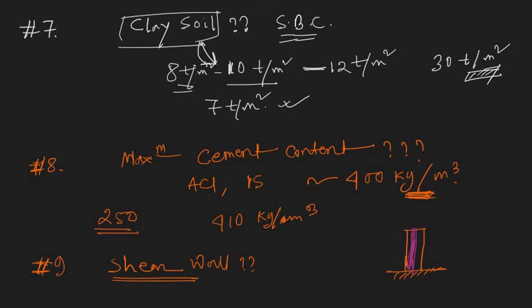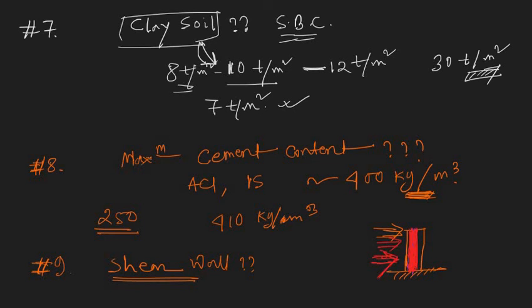The main function is that when the building or structure is subjected to high wind or any type of lateral load, maybe from an earthquake, this shear wall provides a good amount of resistance. If you are able to answer that shear walls are mainly provided to cater to the lateral load, you are more or less good to go.